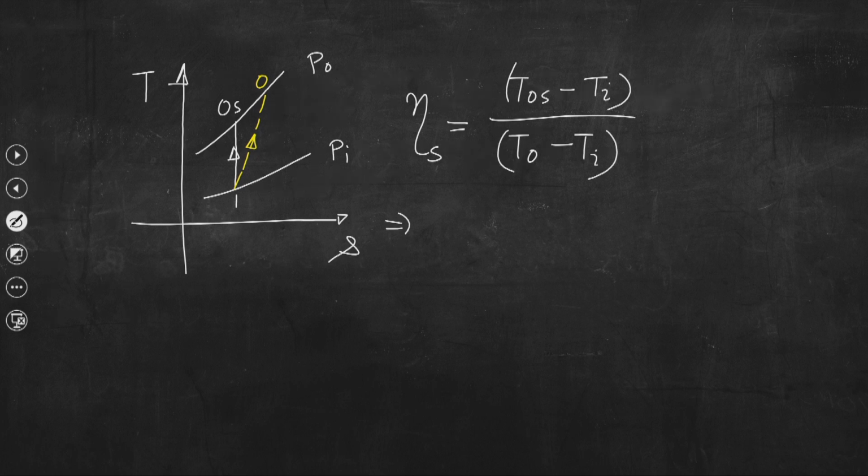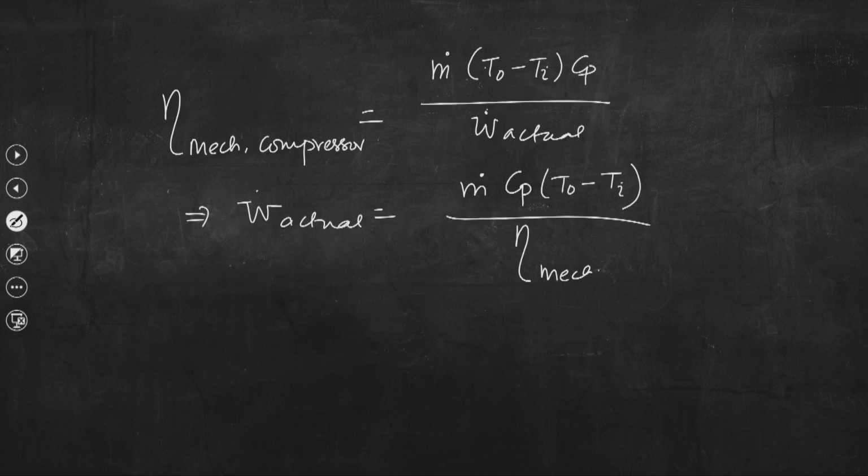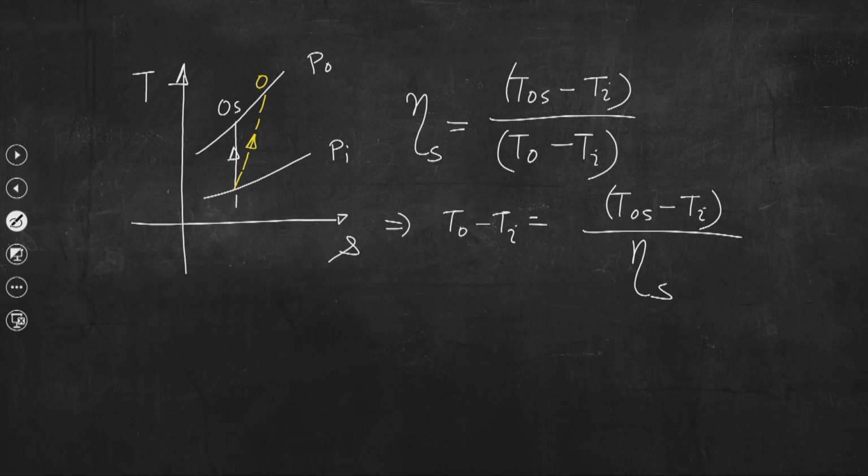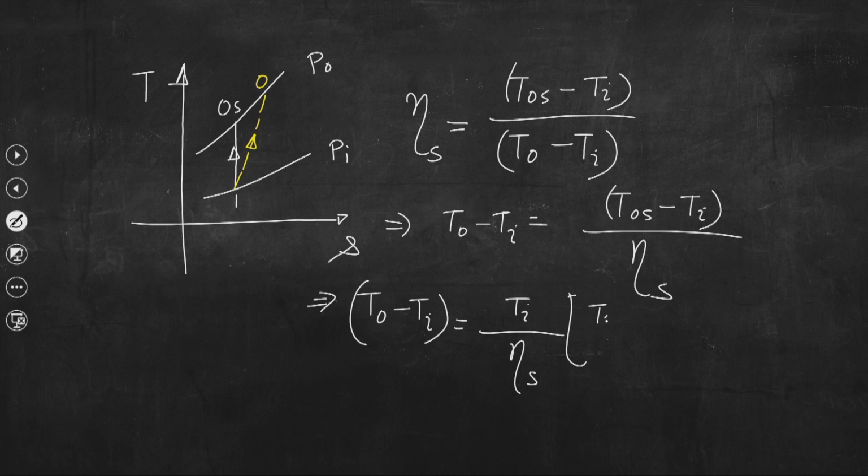So, if we would like to close this equation, we need to know this quantity T naught minus Ti, then we can write from here that T naught minus Ti equal to T OS minus Ti divided by eta S, and we can write one step further, that is T naught minus Ti equal to Ti divided by eta S into TOS by Ti minus 1.